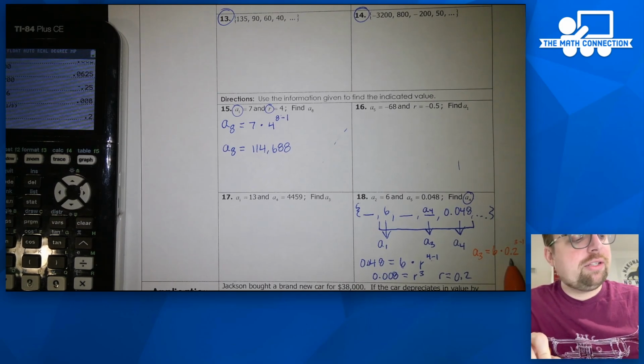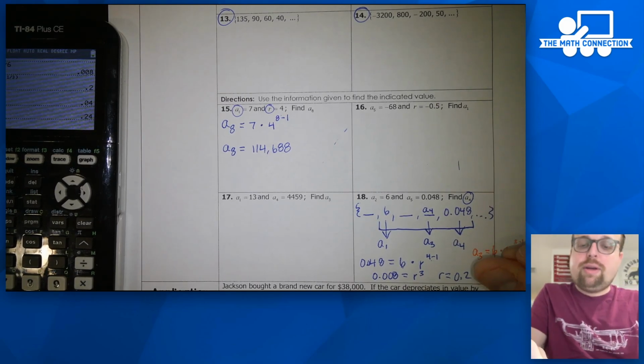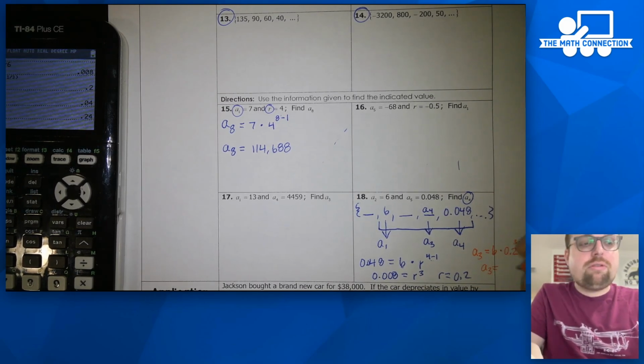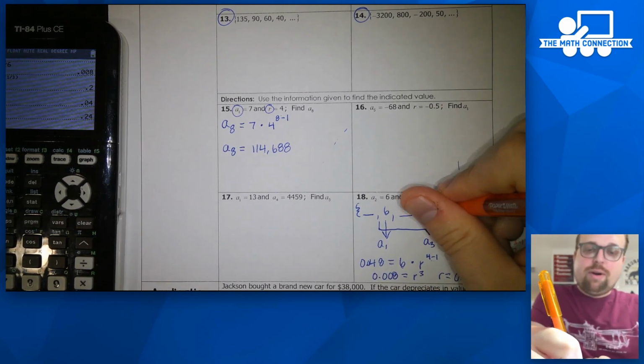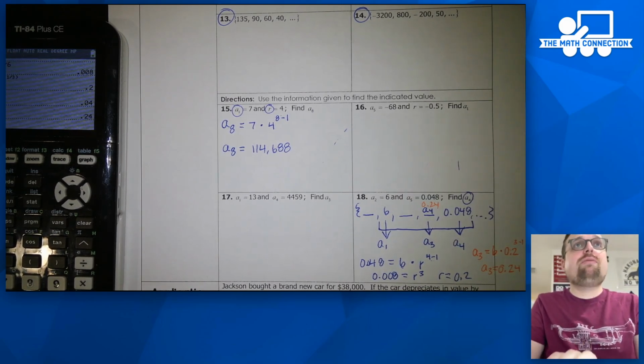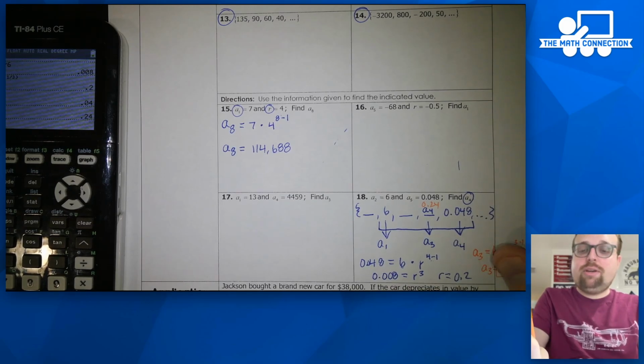So take 0.2, raise it to the power of 2, and then multiply that by 6, and you get a sub 3, the third term in the sequence, is 0.24. This value right here is 0.24, and that's going to be your answer.